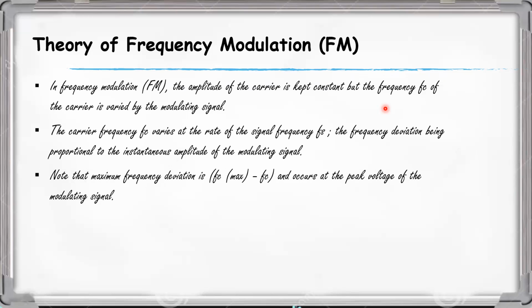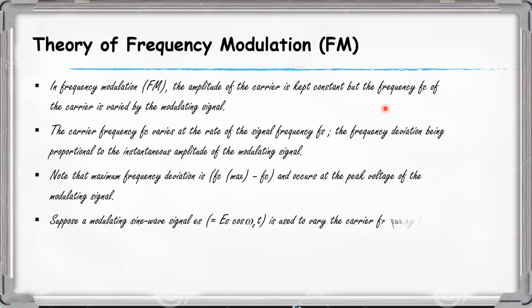The maximum frequency deviation, that is Fc max minus Fc, occurs at the peak voltage of the modulating signal, and the minimum. Suppose a modulating sine wave signal es = Es cos ωs t is used to vary the carrier frequency Fc.